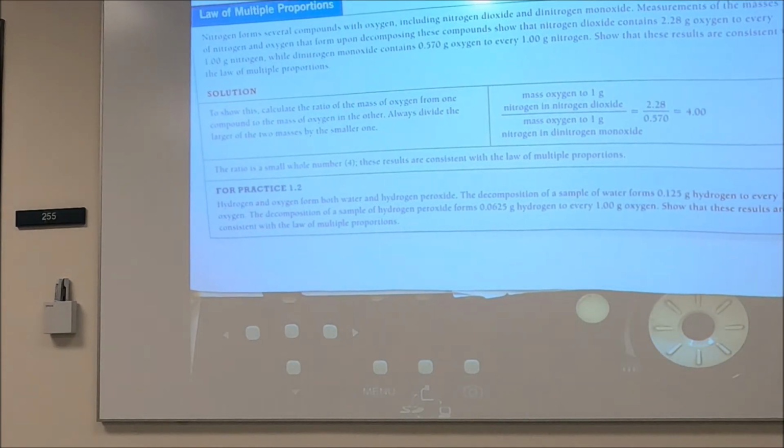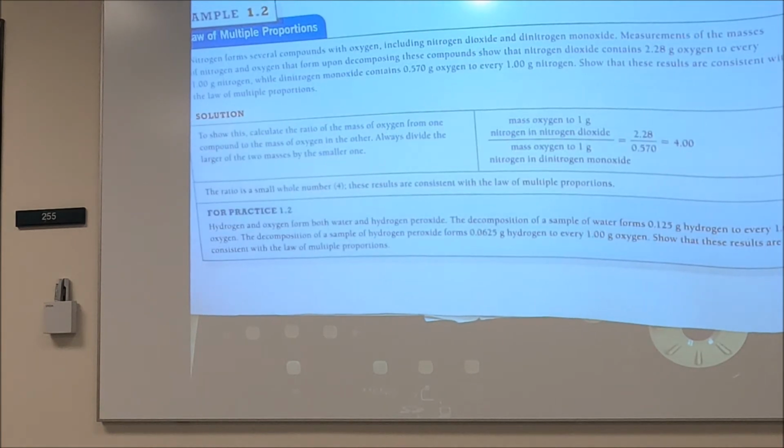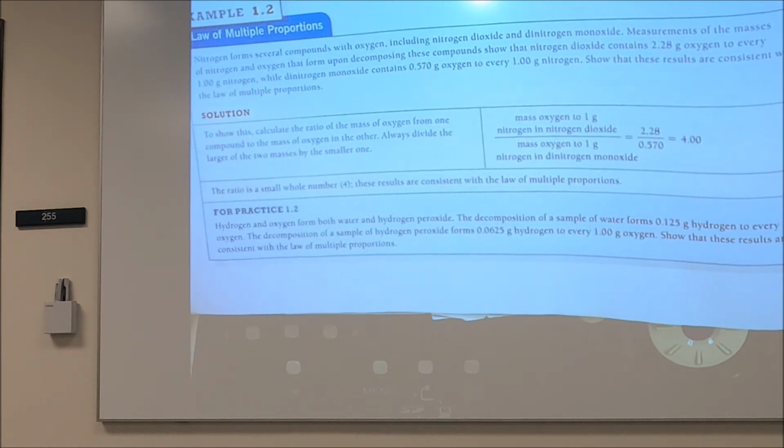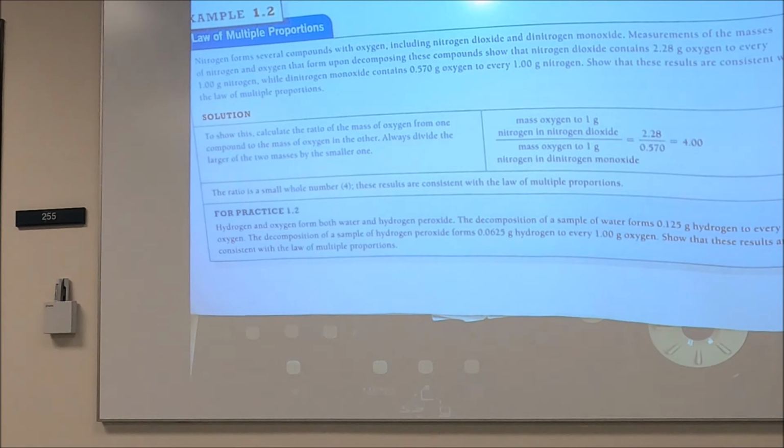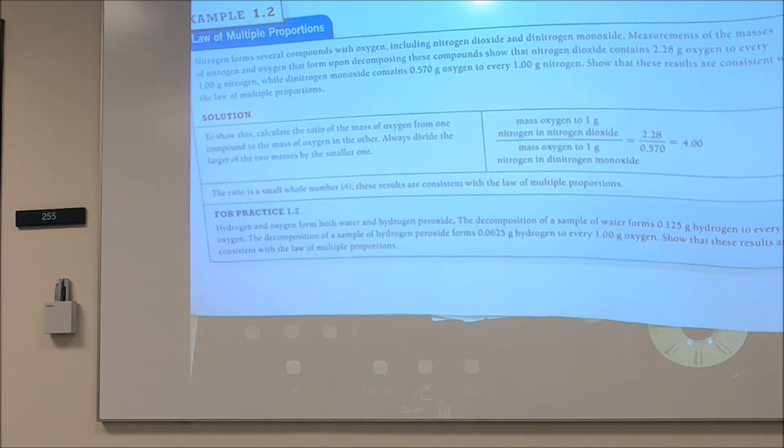Sorry guys, I'm erasing the whiteboard so we'll have room to work. So our first one there, we are given 0.125 grams of hydrogen for every 1 gram of oxygen. Okay, and that's for water.